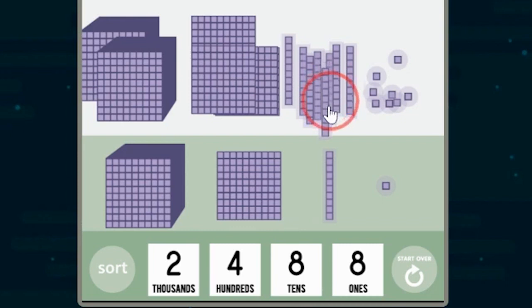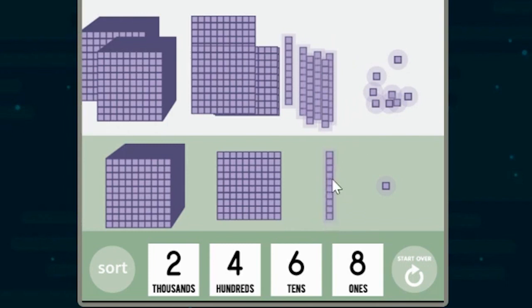Now let's count backwards by the decade. What's going to happen when I take away a 10? Will the ones change? Will the tens change? Will the hundreds change? Or will the thousands change? When I take away a 10. Let's see. The tens change. Now we have 7 tens. 2,478. Let's keep counting backwards by the decade.